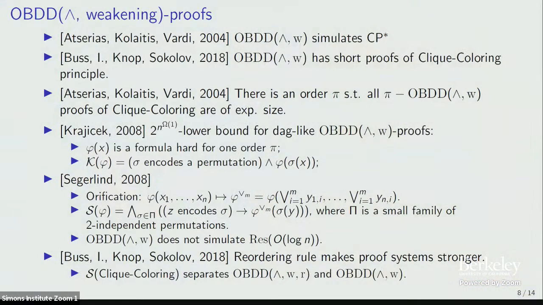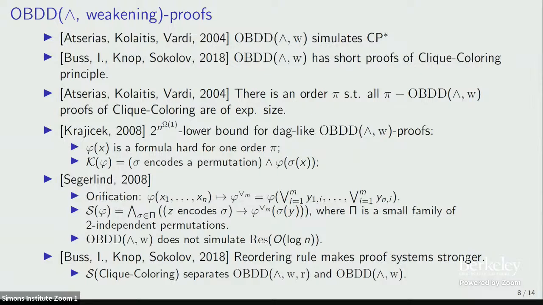We just consider the Segerlind transformation applied to clique coloring, and it will be hard here, but since we have a small number of permutations here, we can just use the simple order, always reorder this part for the simple order, and finally we have a short proof.